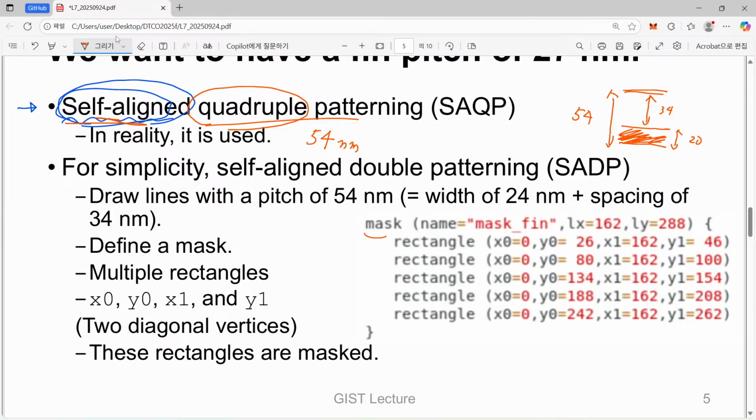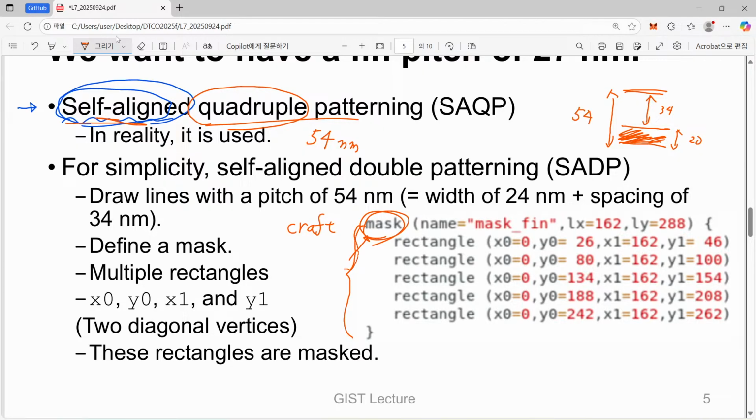Here we have a new statement in Craft. This is not a top statement, but it should be called within our Craft statement. You have a Craft statement and you call multiple deposit statements, and this mask should be also at the same level. So here we have a mask, and you just define the mask.